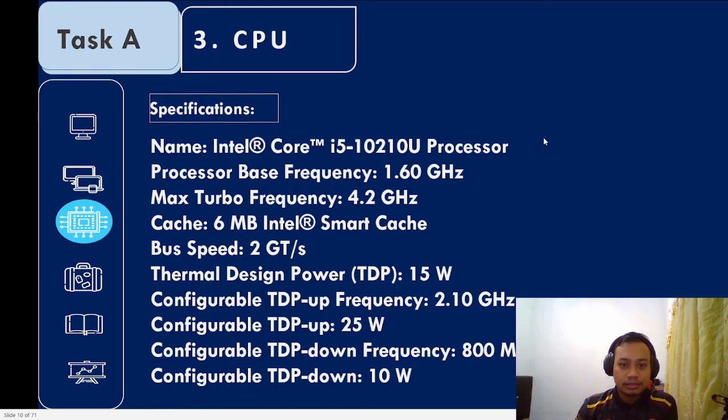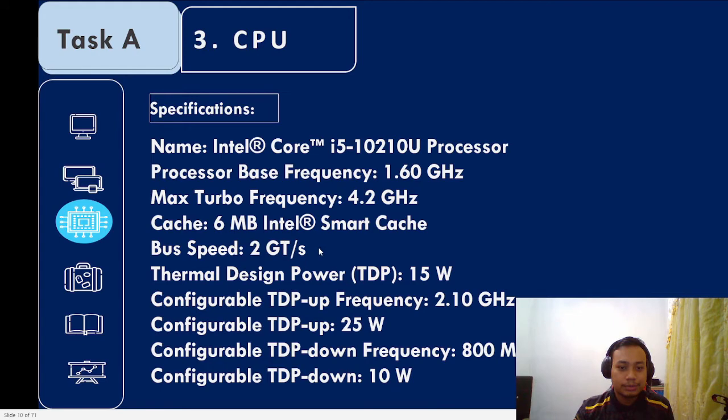And for this Asus VivoBook, our CPU is the Intel Core i5 10210U processor. Processor base frequency is 1.6 GHz, max turbo frequency 4.2 GHz, and cache is 6 MB Intel Smart Cache.